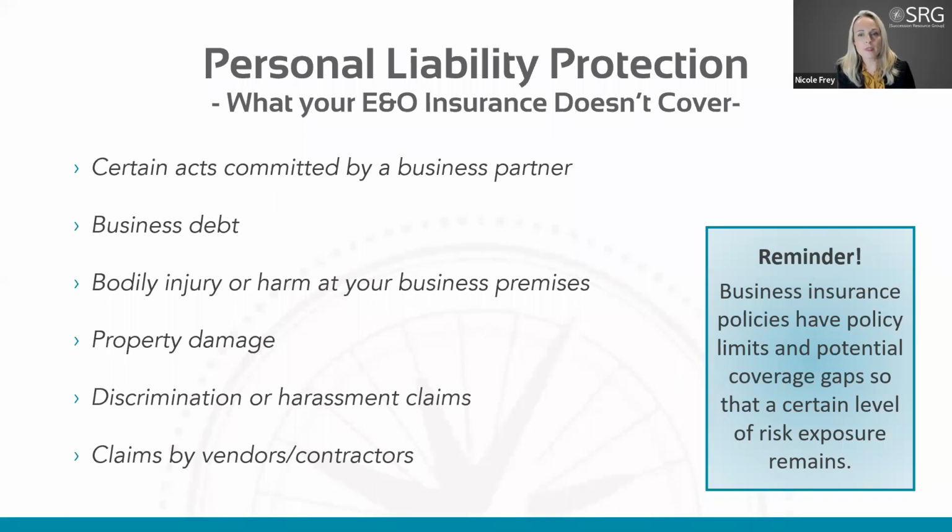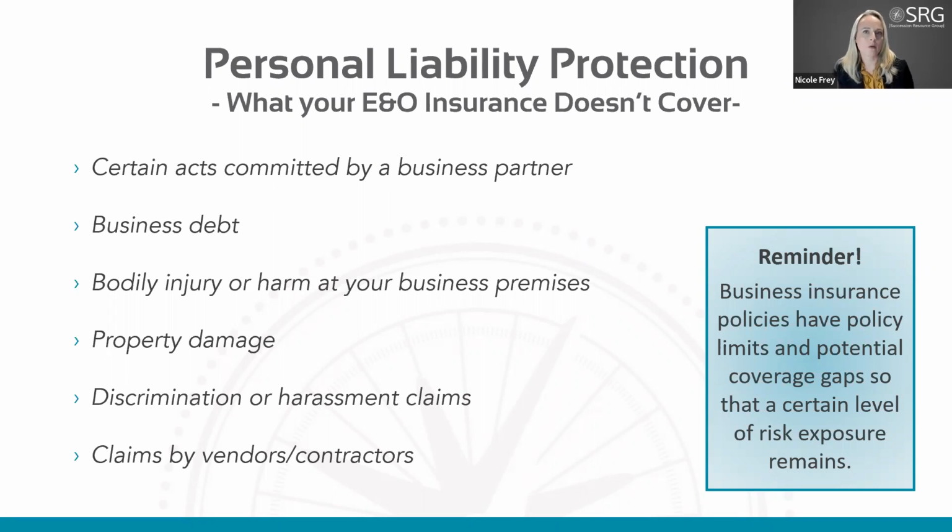As you put in place business insurance, just like with any other insurance, you have insurance policy limits, and there might be some coverage gaps. What I always bring up with our clients is to think about what your exposure is as you operate a business together with a business partner without a formal entity in place.